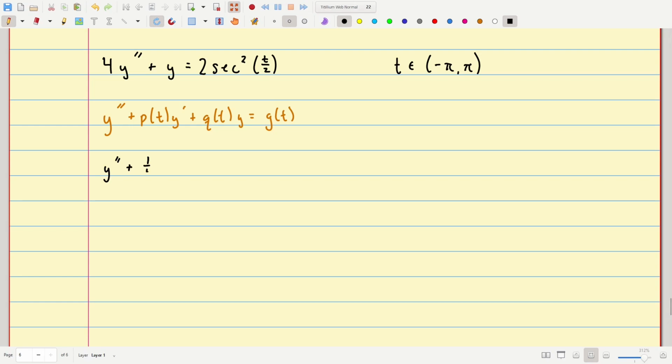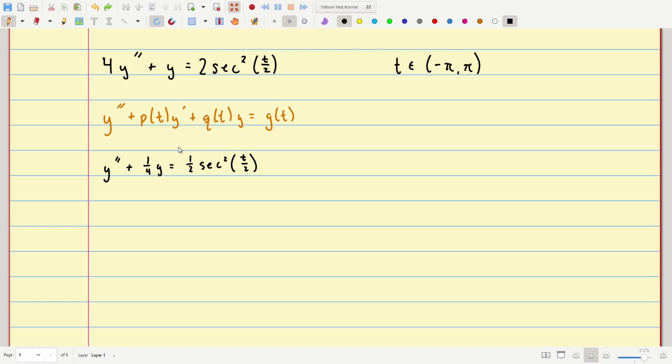Now, putting it into standard form isn't going to change what we get in terms of the homogeneous solution of the problem. The roots of this are the same as the roots to this if we look at their characteristic equations. That doesn't change. But what will change are the constants that result for our particular solution.